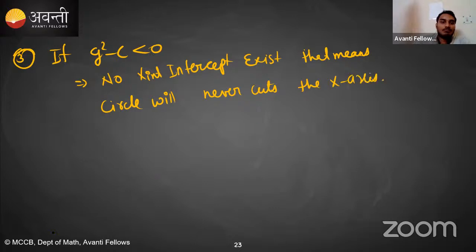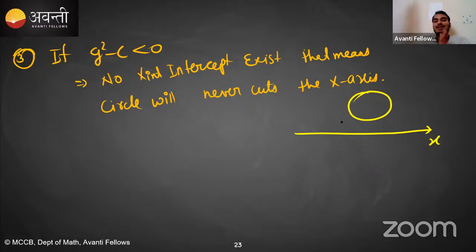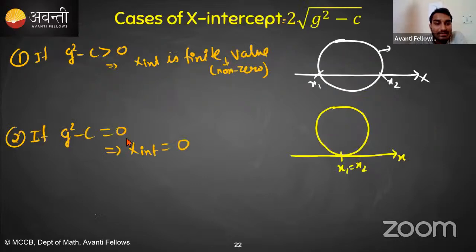The situation would be something like this: this is your x-axis and the circle is like this. The circle is never cutting or even touching the x-axis. Is this clear, everyone? So if g square minus c is greater than 0, there will be a finite, non-zero x-intercept. If g square equals c, the x-intercept is 0.